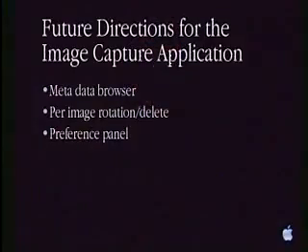Future directions for image capture application. There are a few areas we try to improve. One is a metadata browser. Metadata is the per-image information, such as exposure level, color space, creation date, size, resolution, and all this good stuff.